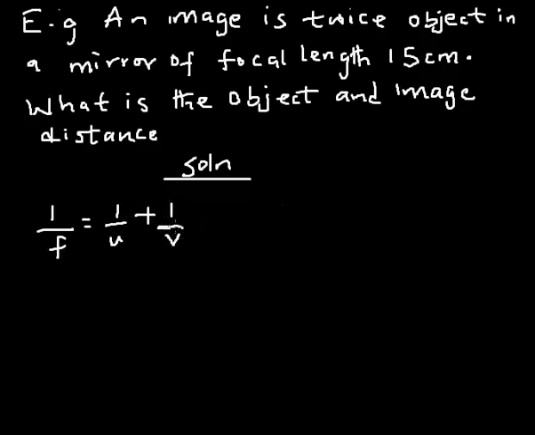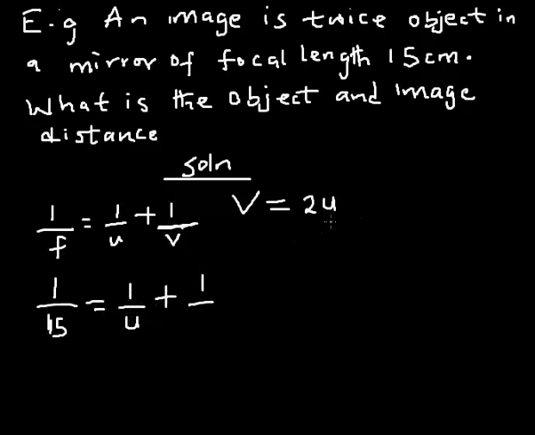I'm using plus since I don't know either the image or object distance, but from what I have here, I was told that the image is 2 times the object distance, so I can create this relationship: v is equal to 2u. So 1 over f, which is 1 over 15, is equal to 1 over u plus 1 over v, where v is 2 times the object distance, 2u.